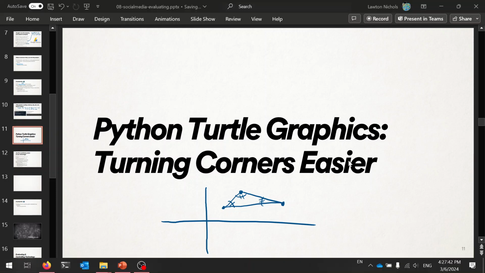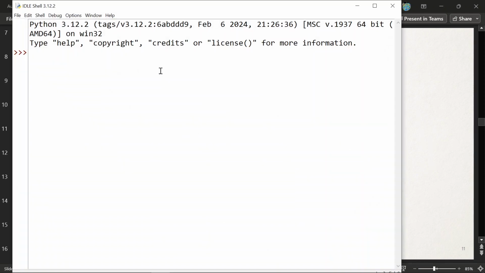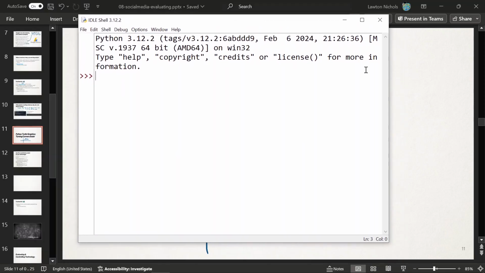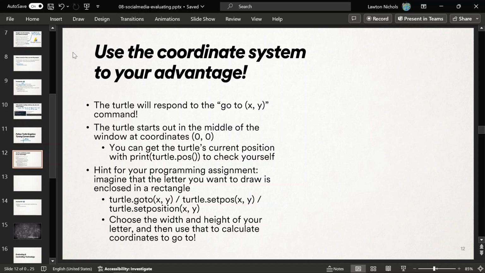So let's open up IDLE, and I'll walk you through this idea. Let's get it ready at least. Alright, so I'll make a new file in a second. But here's the secret, here's the idea.